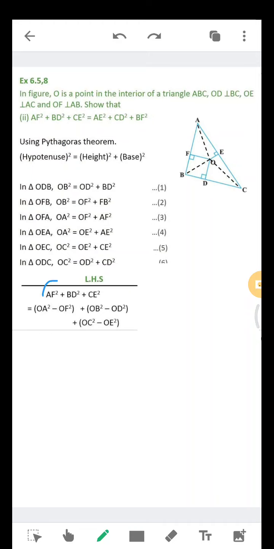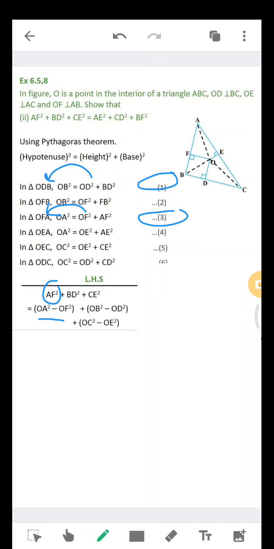Now in place of AF square I can write from equation 3, AF square can be written as OA square minus OF square. And BD square, where do we have BD? We have BD in the first equation. BD square is OB square minus OD square.